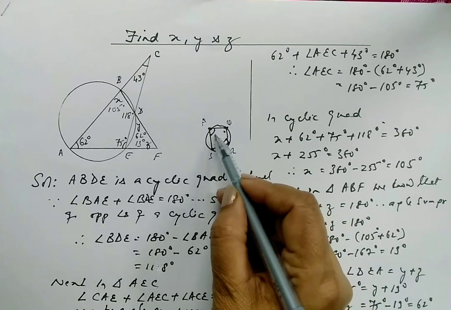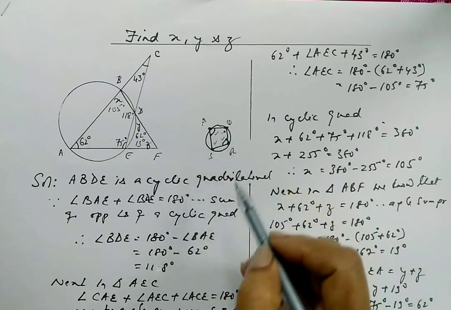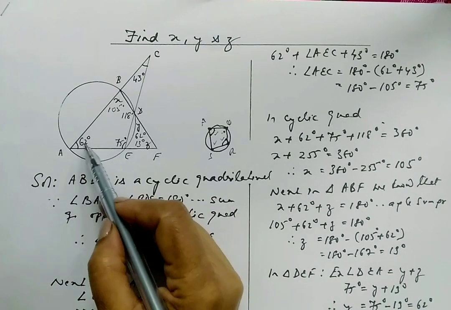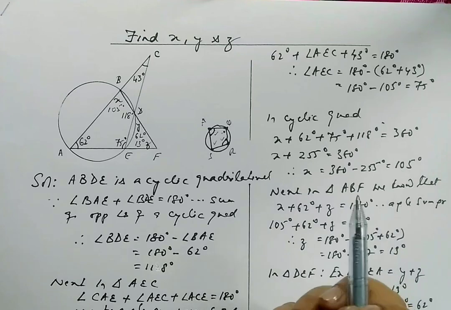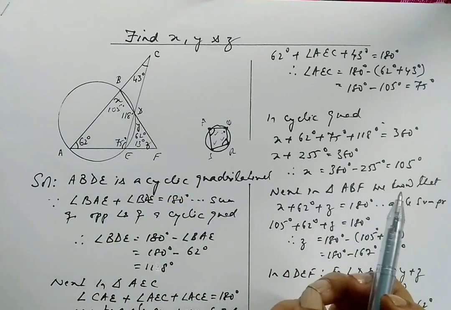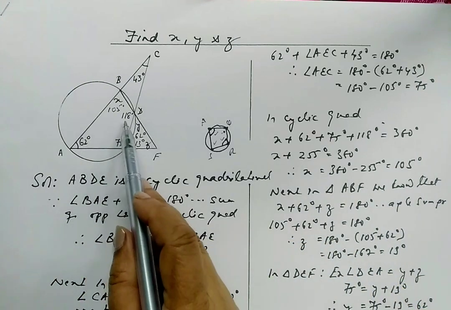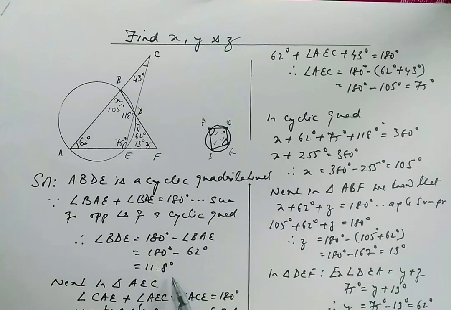In that case, this and this sum up to 180, and this and this also sum up to 180 degrees, so in total 180 here, 180 here, 360 degrees. Since 62 was given, it was easier to find 118 degrees, which we did over here.